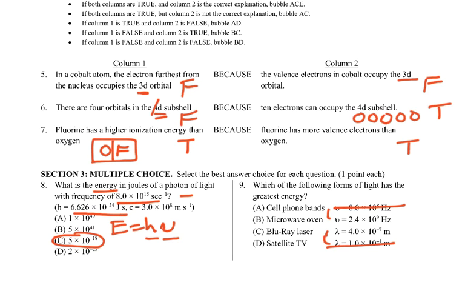And now we actually have to go back and calculate. I can do E equals h nu for that one. And for this one, we have to use a slightly different version, E equals hc over lambda. Or we can take the lambda, change it into nu, and then use E equals h nu. But either way, we have to do both calculations. And when you do, you're going to find out that C is the higher answer.